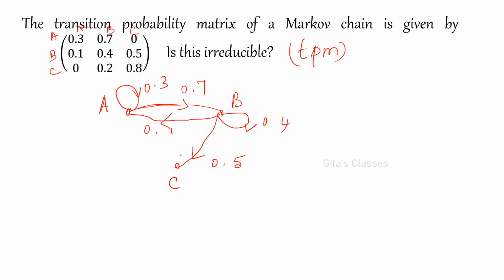Then C to A, no. C to B, it is 0.2. And C to C, it is 0.8.